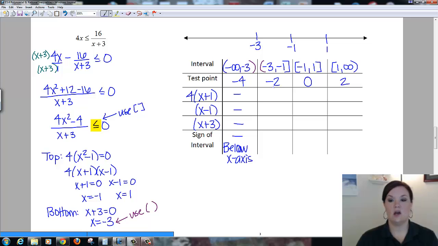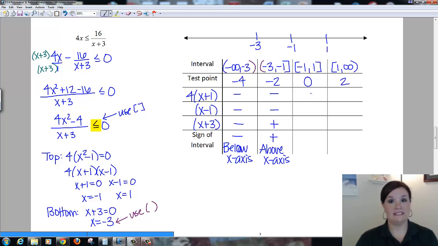So 3 negatives makes this a negative interval, which means that my y values are going to be below the x-axis. When I plug negative 2 in, negative 2 plus 1 is negative, times a positive 4 is still negative. Negative 2 minus 1 is negative. Negative 2 plus 3 is positive. So 2 negatives and a positive make this a positive interval, which means my y values are going to be above the x-axis.